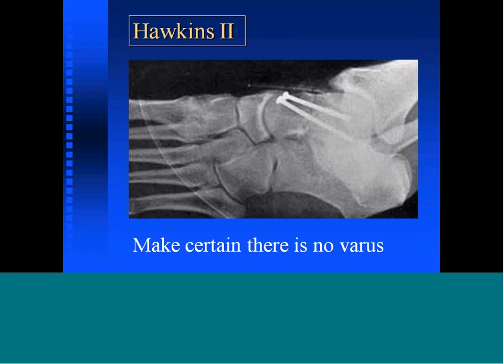It's important to get a modified or simulated Brodin's view to accomplish that. Brodin's view, the Canale views, those types of views will bring the talus into a figure 8 configuration so you can actually see the outline of the medial cortex of the talar neck quite well to ensure that there is absolutely no varus malalignment.